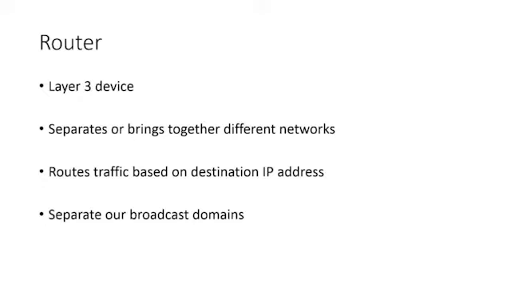Something else a router does is it separates broadcast domains. Now, we've talked a lot about collision domains, right, where we can send and receive at the exact same time. But broadcast domains are the limitations of where the broadcast traffic will go. We talked about ARP requests earlier, that Address Resolution Protocol.